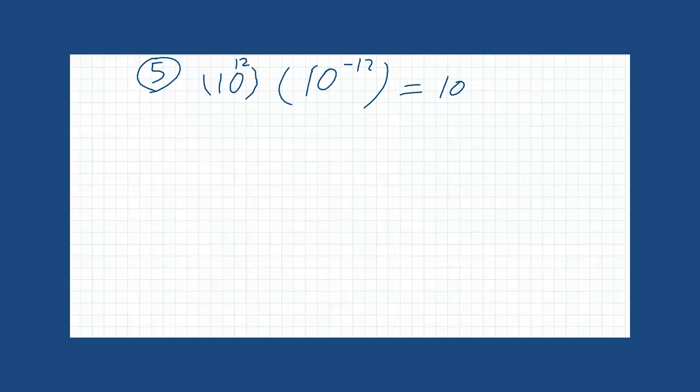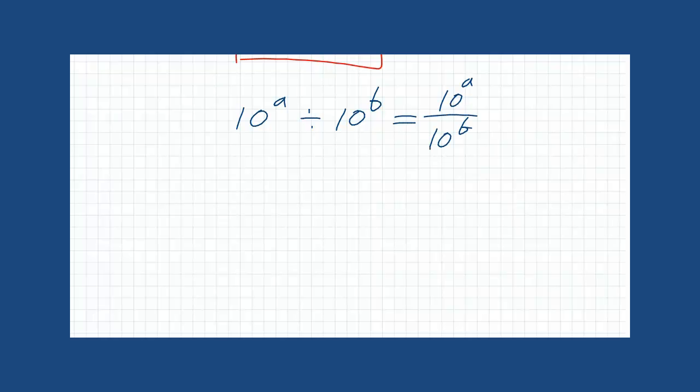Example 5, 10 to power 12 times 10 to power negative 12. It will be 10, and we will add 12 to negative 12. This will give us 10 to power 0. And as a rule, anything to power 0 is equal to 1.